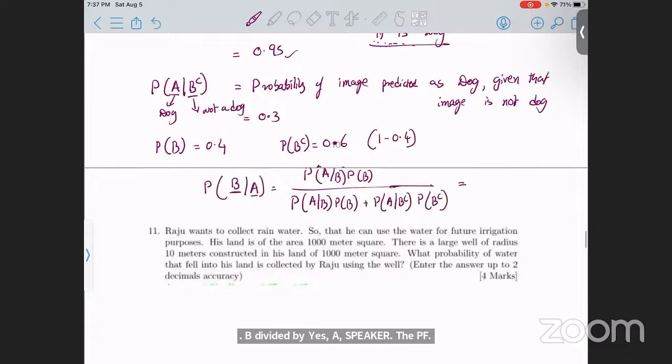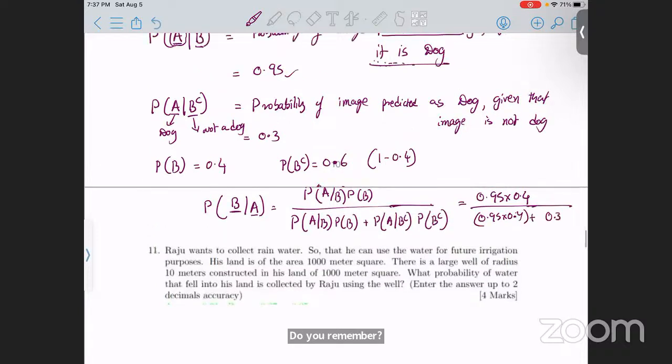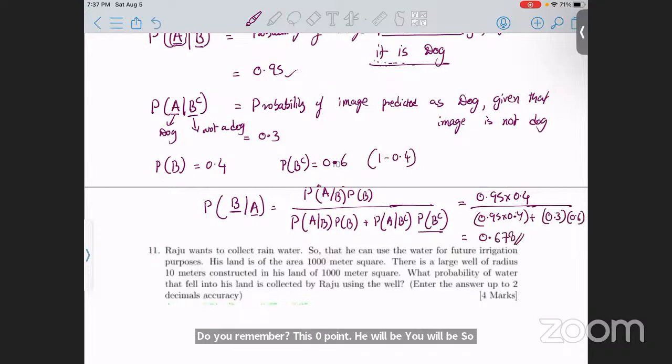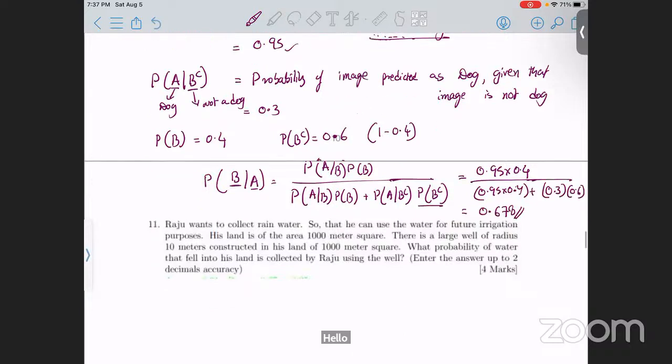So we will get the same thing: 0.95 into 0.4 divided by 0.95 into 0.4 plus P of A by B complement, which is 0.3, into P of B complement, which is 0.6. Final answer is the same, 0.678. Are you able to follow this? Did you understand this?